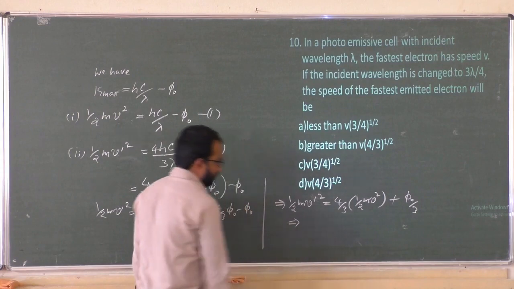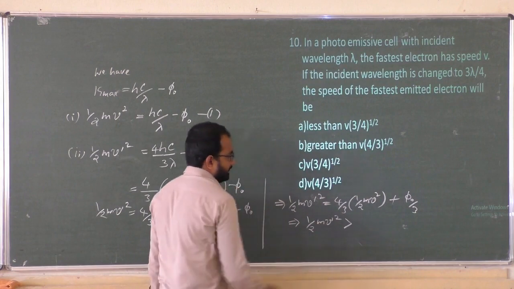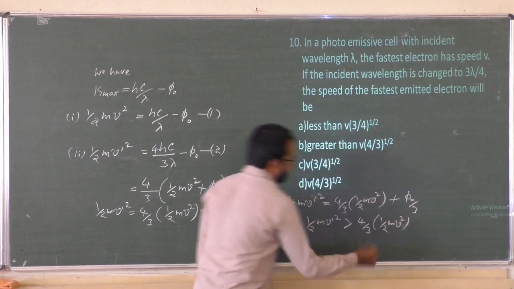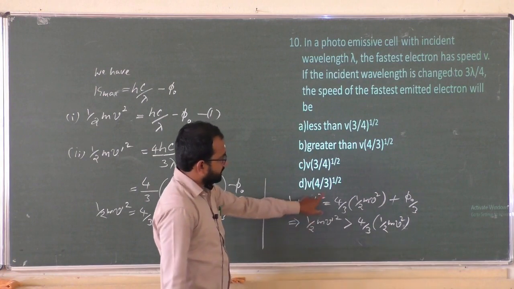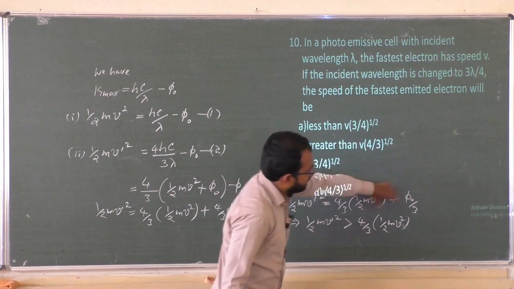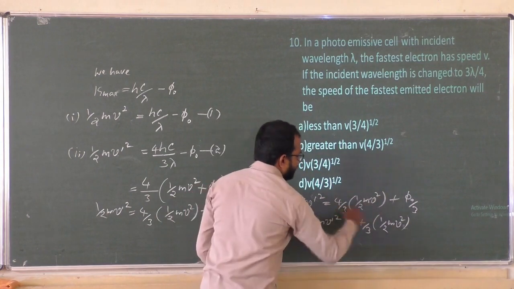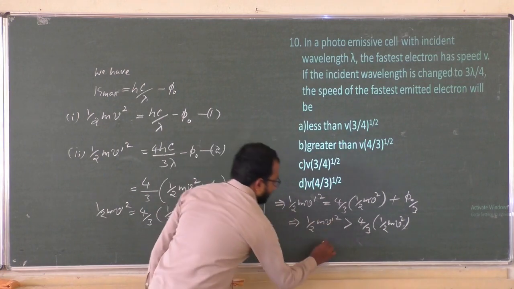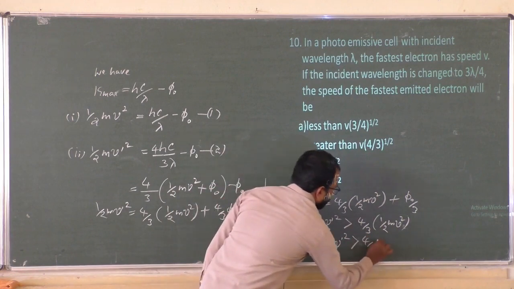So what is your conclusion now? The new kinetic energy is greater than 4 by 3 half m v square, because this value plus the constant is equal to this much. Half m is common, so I can conclude v dash square is greater than 4 by 3 v square.